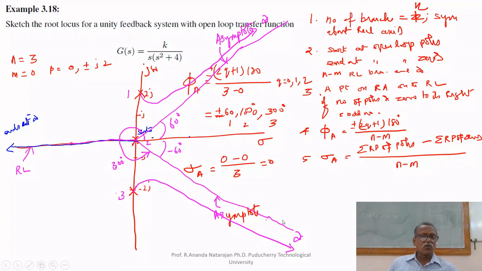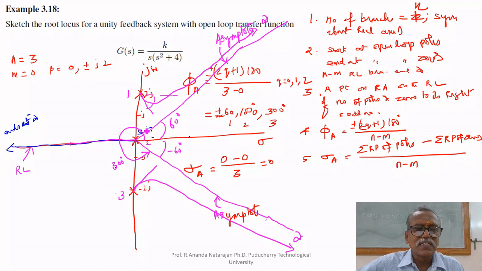Here, the only thing missing is at what angle it is coming out of this open loop pole. It is coming out of the open loop pole at this angle. What is the angle at which it is coming out? We do not know. You understand what I am saying?